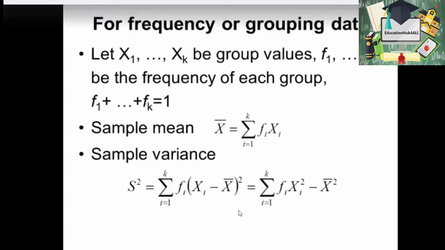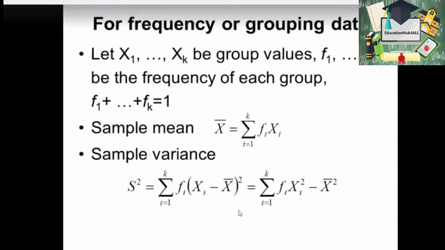If we make groups, if we do some frequency distribution on our data, this is again applicable to a continuous distribution. For a continuous distribution, of course, the groups can be intervals. This is for the discrete case. I hope you can remember this. And based on the frequency data, we can have the estimation of the sample variance.